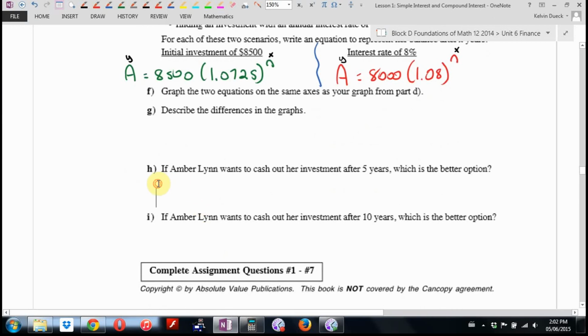So, if she wants to cash out after 5 years, which is the better option? The early money.